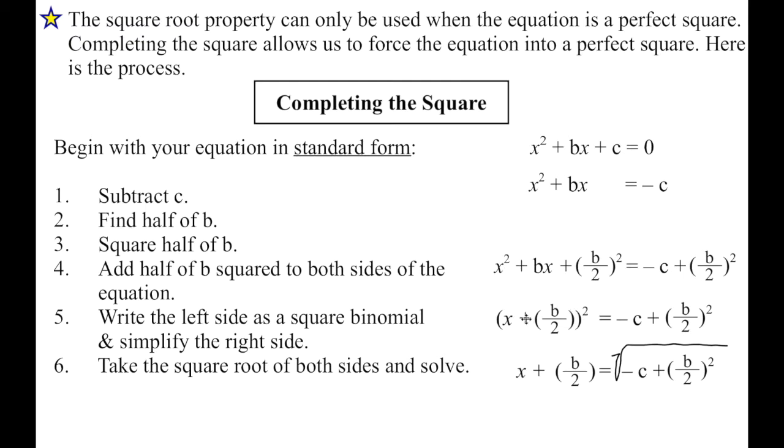If this were a minus right here, this would be a minus right here. And then the right-hand side, we simply get like denominators and combine those terms. There won't be any variables over there, just constant terms. And then once we do that, we take the square root of both sides, and that's where we get plus and minus our answer. So that's the method, and that'll make a lot more sense after we do some examples.